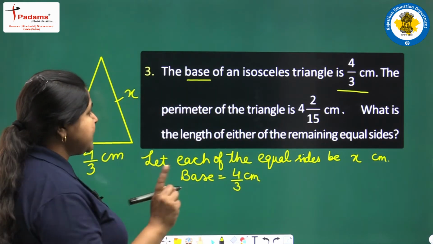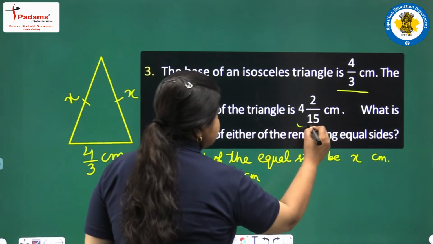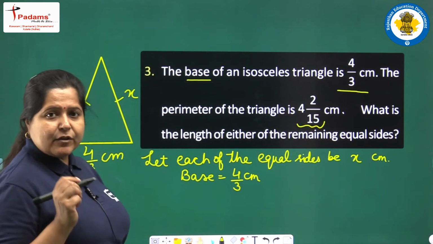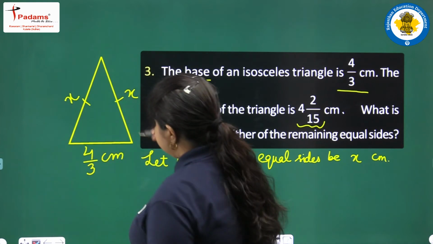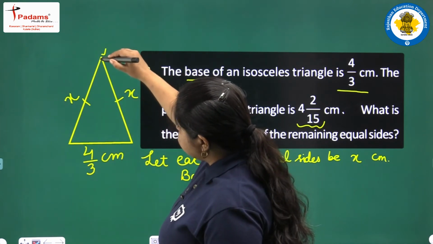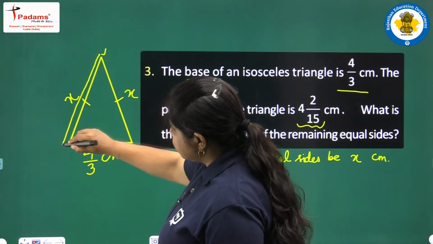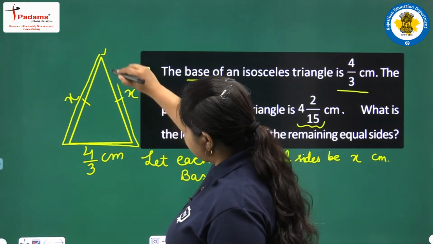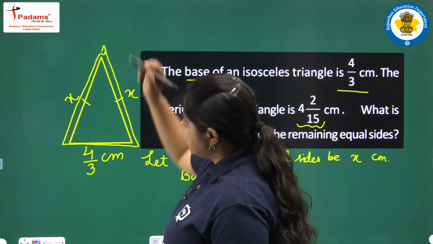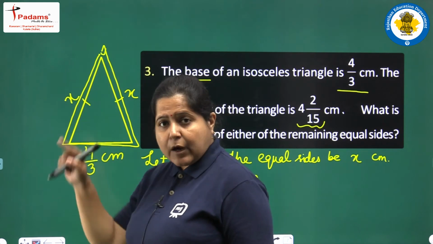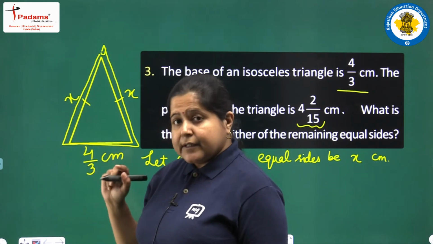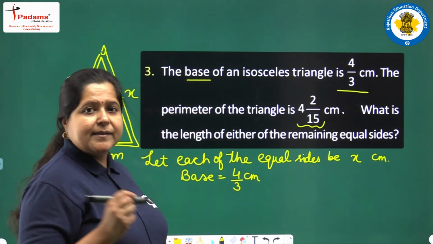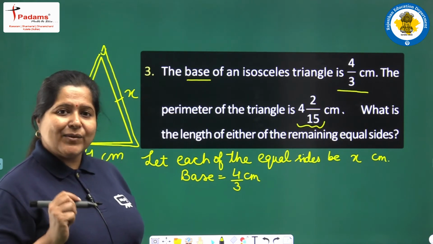Now the perimeter of the triangle is given. What is the perimeter of a triangle? If we start moving from this point and we go in this direction, then this direction and then back, this is called the perimeter, one complete round of the triangle. So, how do we get this perimeter? Simply by adding all the three sides.